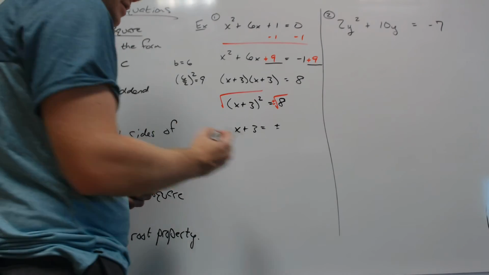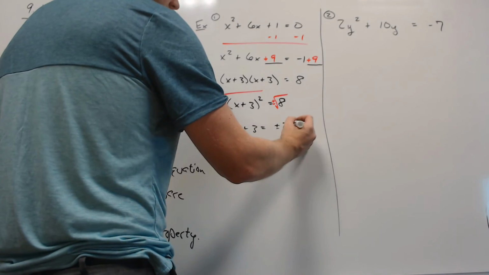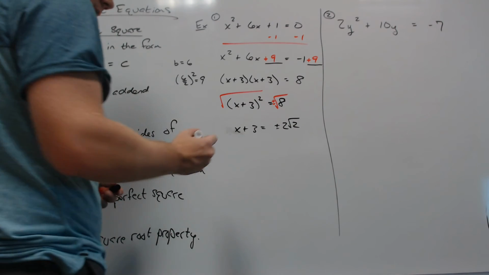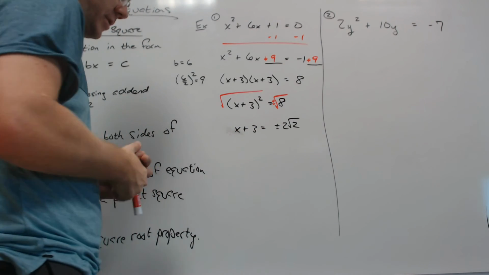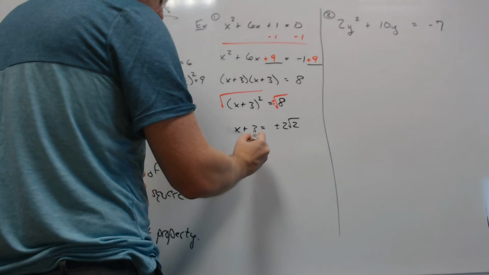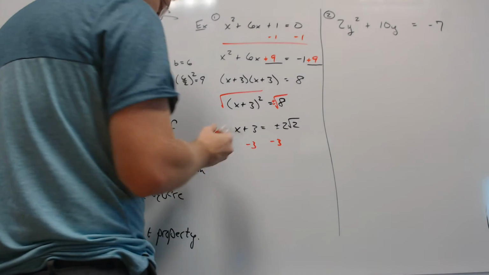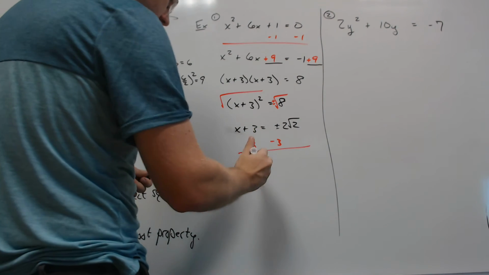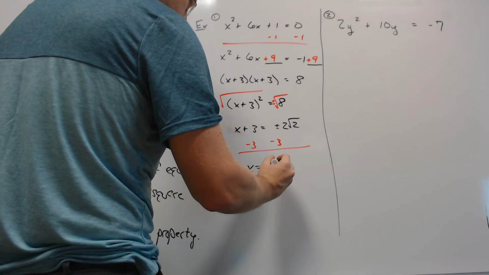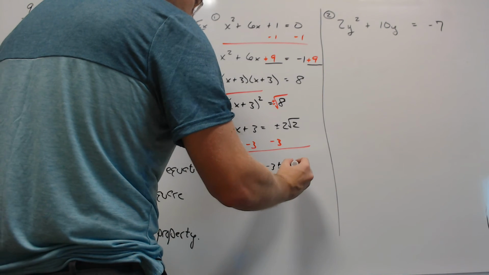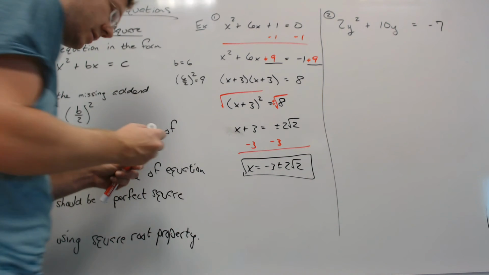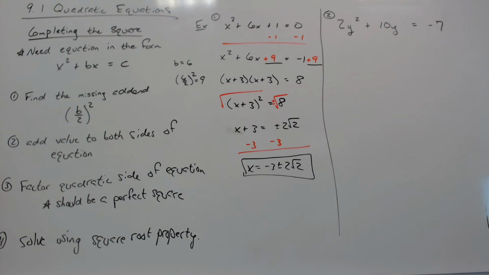Square root of 8 reduces into 2 root 2, because that's 4 times 2. And then we can just subtract 3 from both sides. And x equals -3 plus or minus 2 root 2. And there are 2 solutions to that quadratic.